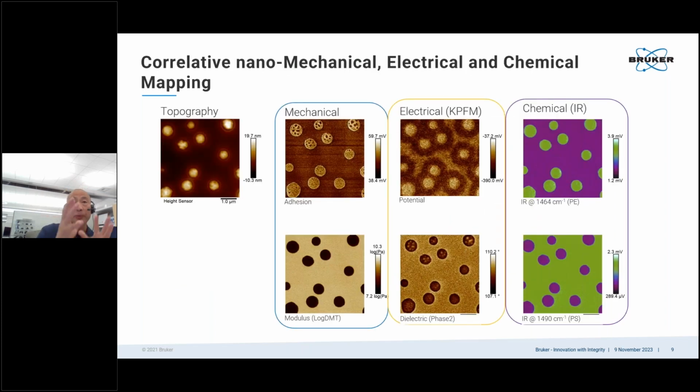Now if we put all those mechanical and electrical properties together, let's see what we have. Again, on the right side I'm showing the chemical map we just took. On the mechanical side, you can see the adhesion map with PeakForce QNM. Clearly, the polyethylene part is stickier than the polystyrene matrix.